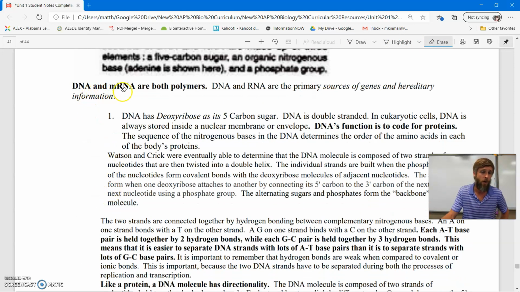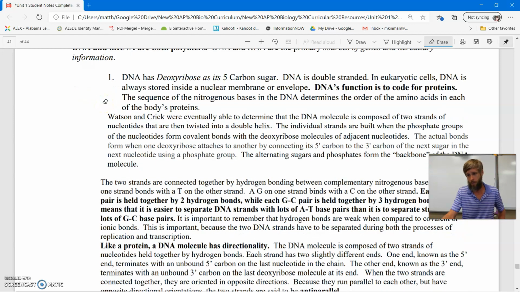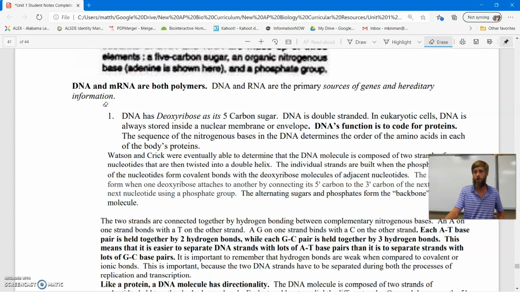DNA and RNA are both polymers, because there are a bunch of monomers put together, monomers being nucleotides. DNA and RNA are the primary sources of genes and heredity information. So whenever you were conceived a long time ago, you had half genetic information from one parent, half genetic information from the other parent.